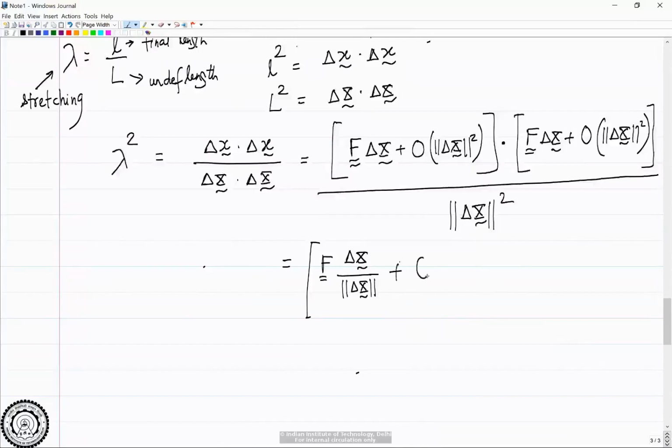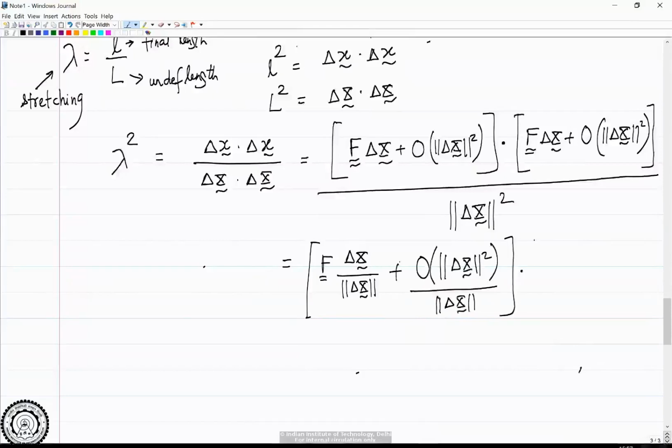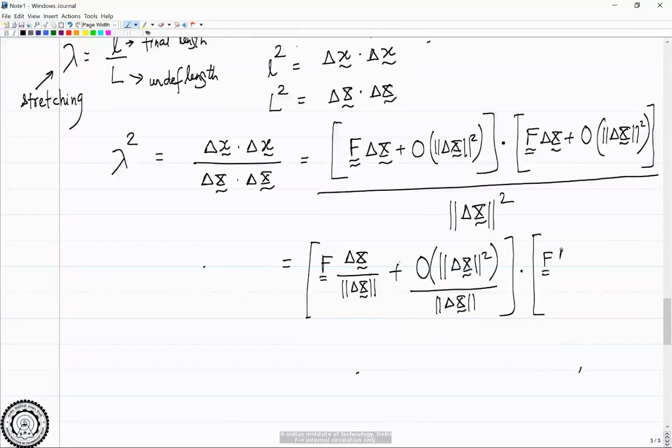Plus big O delta capital X squared divided by delta capital X. Okay? And then I dot it with F into delta capital X divided by magnitude of delta capital X plus the same thing.